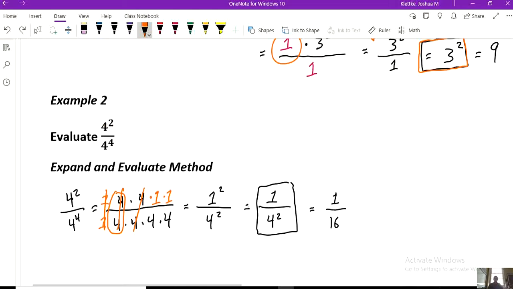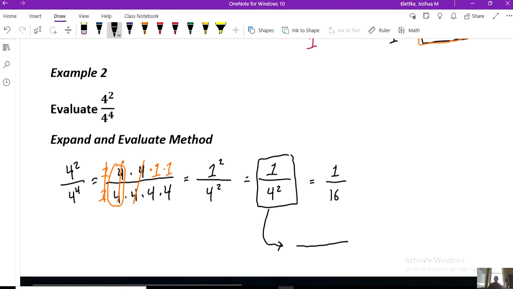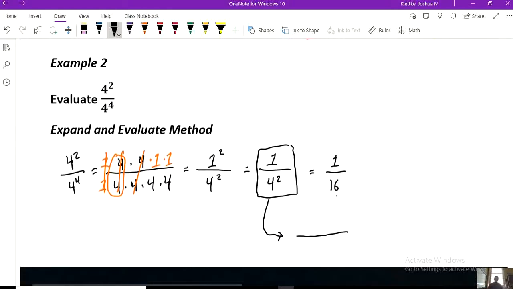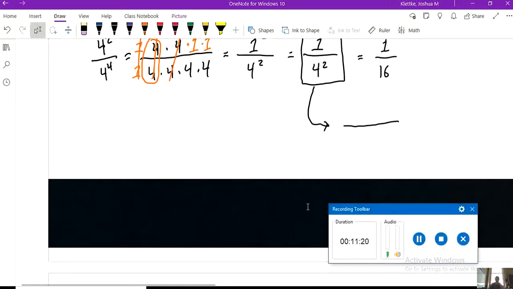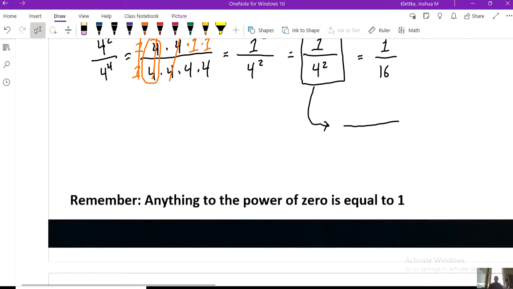Actually, let's back that idea up. Let's actually go off of this a little more. So, if we go off of this a little more, the thing I want you to remember is that anything to the power of 0 is equal to 1. So we are going to do this.